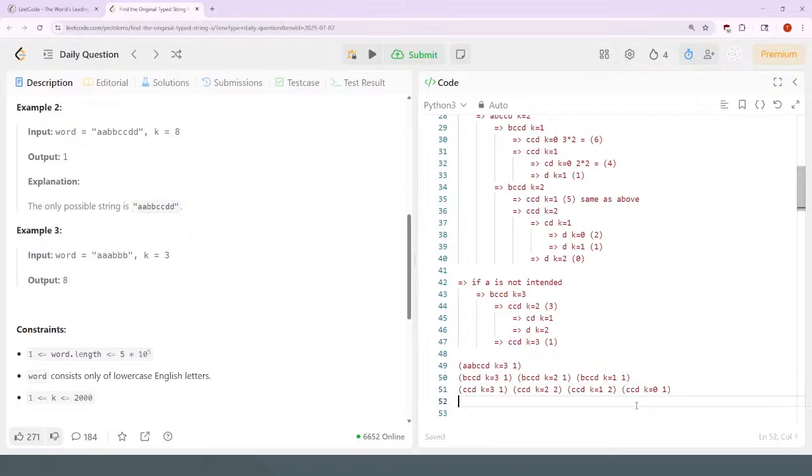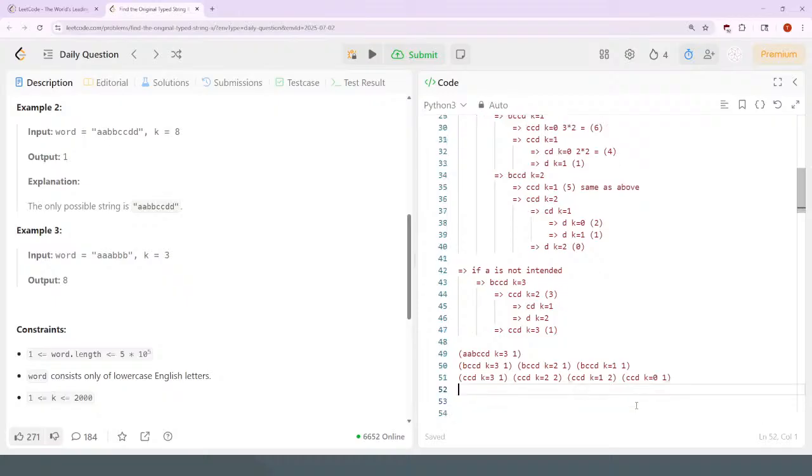And then, well, this one is just an ending one. There's one way of doing that. And CCDK equals 2. That transitions to the CDK equals 1. And it's going to have 2 there.